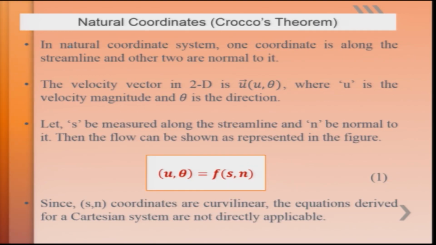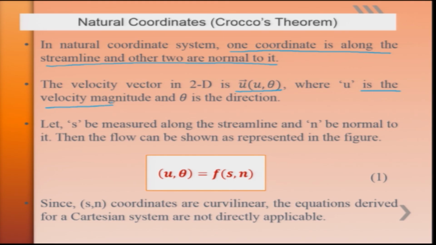Now in natural coordinate system, as we said, one coordinate is along the streamline and another is normal to it. Now in the 2D velocity vector, suppose u is given as u of theta, that is the magnitude and the direction, that is in the polar coordinate system. Here u is the magnitude of velocity or speed, you can say, and theta is the direction.